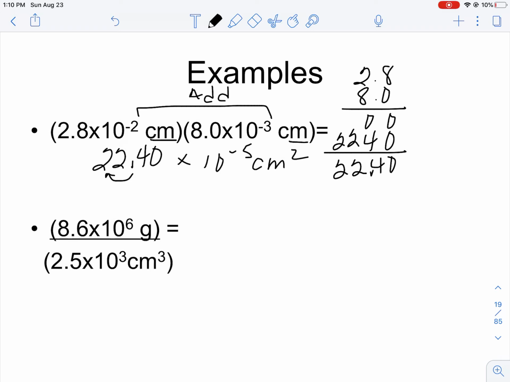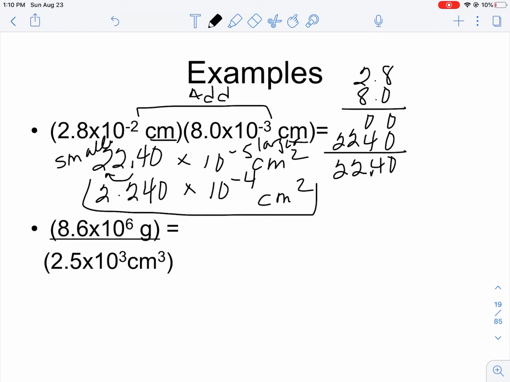Students find it easier when I say that if we're moving the 22.40 and making it smaller, into 2.240, we make the exponent larger. By making it larger, since it's negative, it's going to be 10 raised to the negative 4. Okay, so now we've written it correctly in scientific notation. We've got our units, and we're going to box our answer.